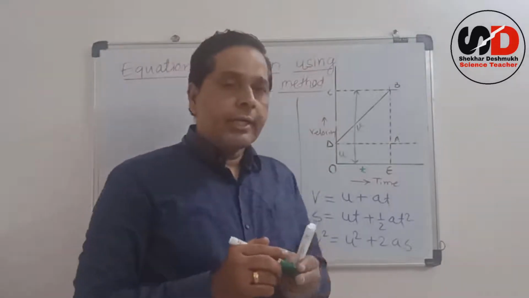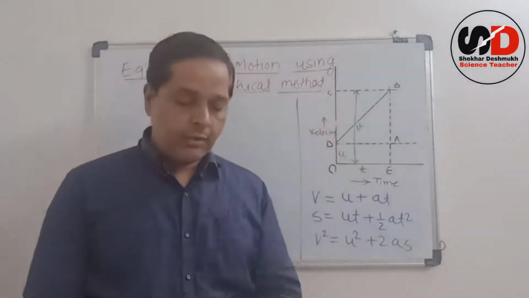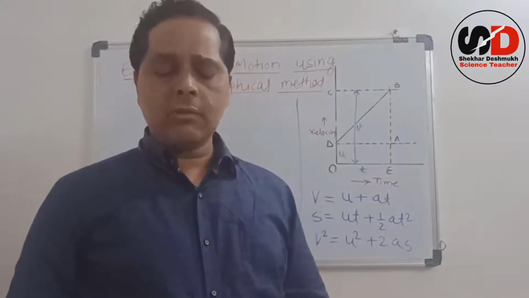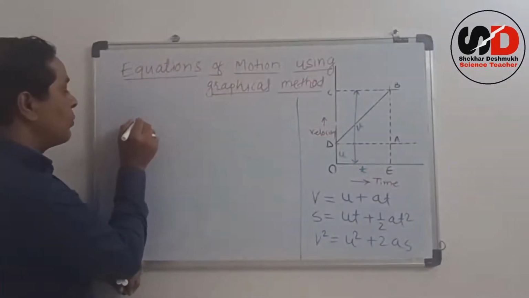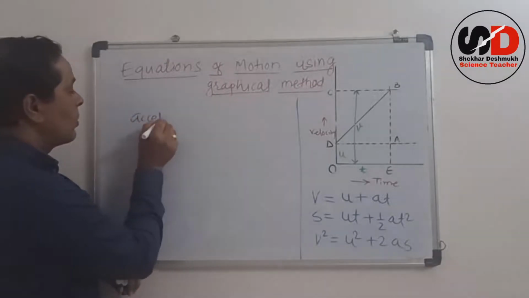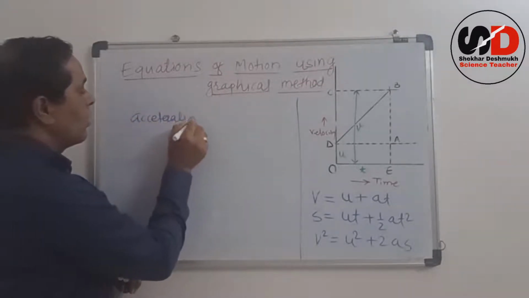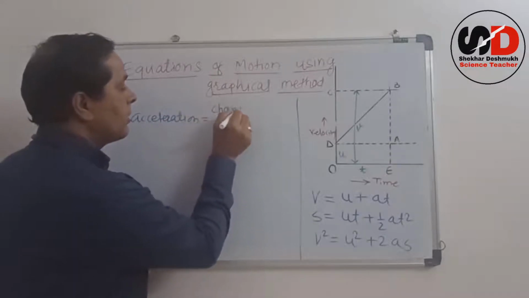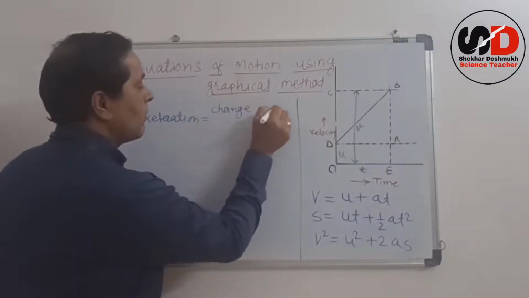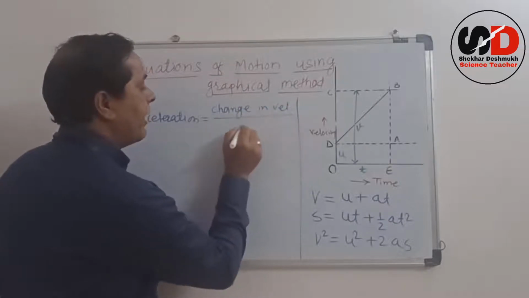If we take these things, then what is acceleration? We know the formula: acceleration is equal to change in velocity divided by time.